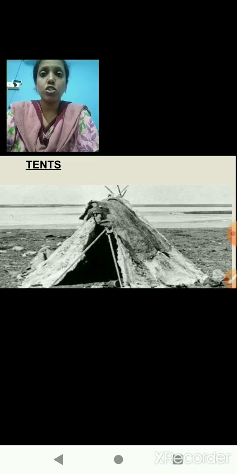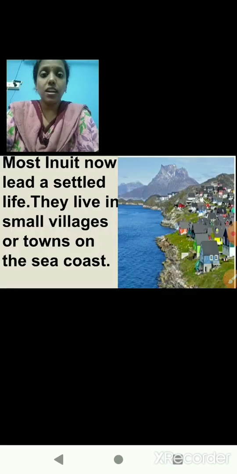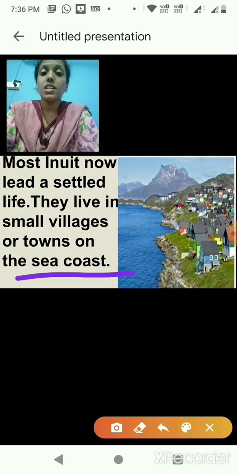Most of the Inuit now lead a settled life. They live in small villages or towns on the sea coast.